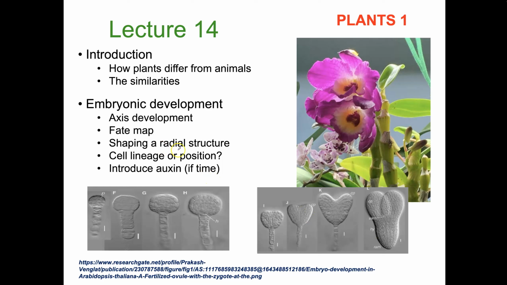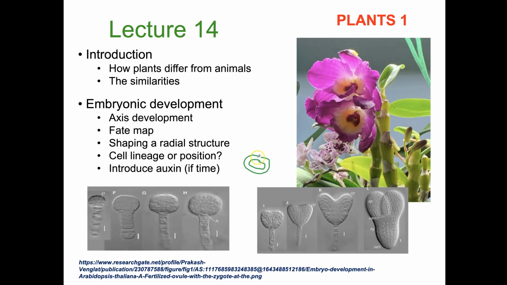And then we'll talk just really briefly about if you were to slice through one of these embryos, you would see that the cells on the outside were different from some of the ones further in and others in the middle. And so there's multiple layers, and these are radial structures because they are circular.